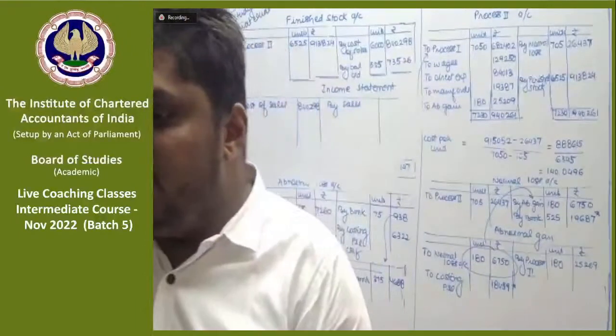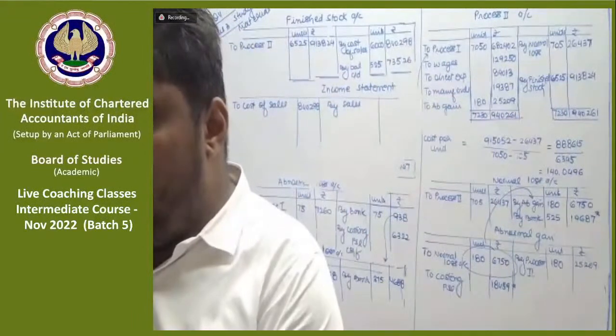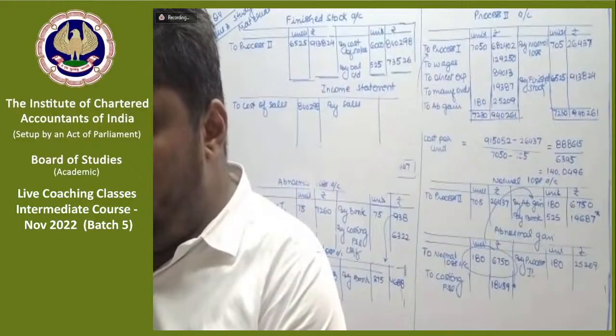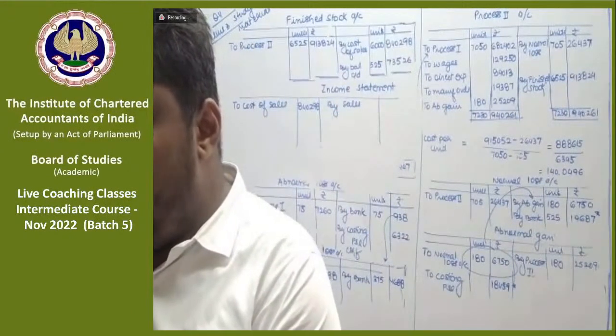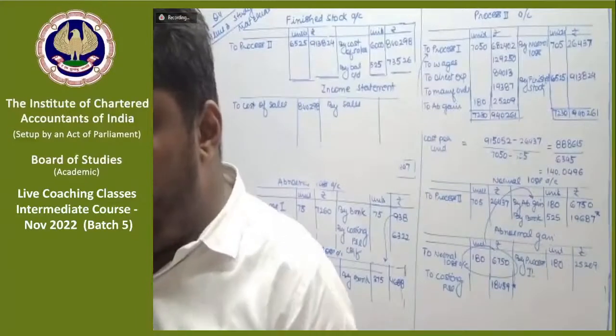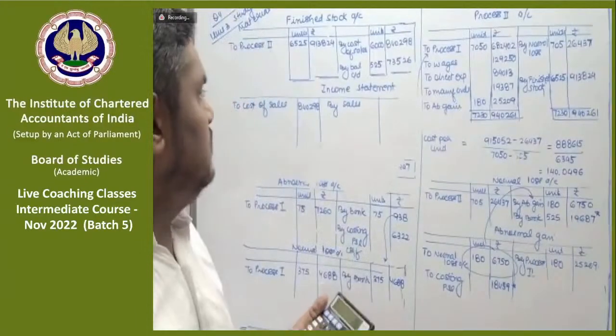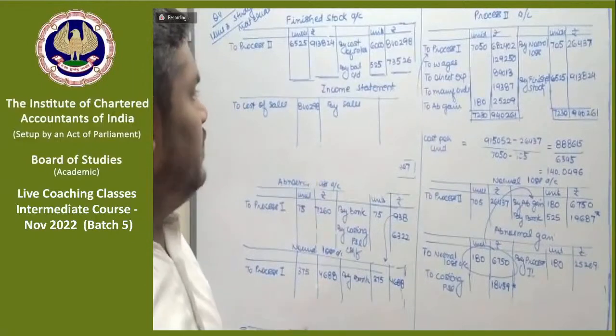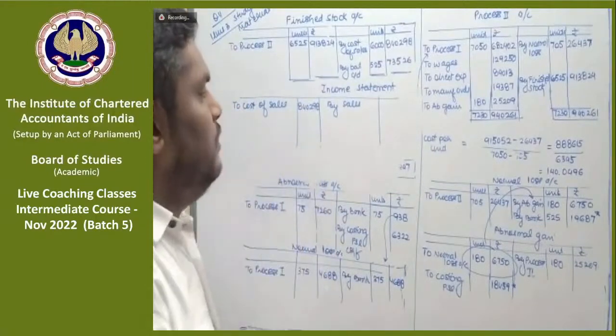It is given in the question that these units are sold at a profit of 15% on cost.